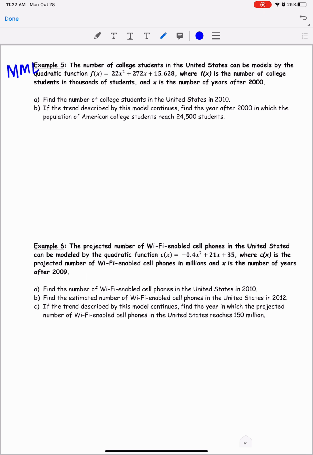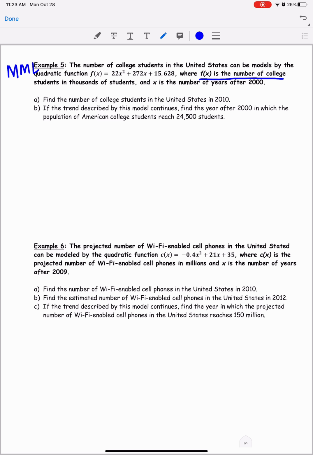So example 5 says the number of college students in the United States can be modeled by the quadratic function f of x equals 22x squared plus 272x plus 15,628, where f of x is the number of college students in thousands.